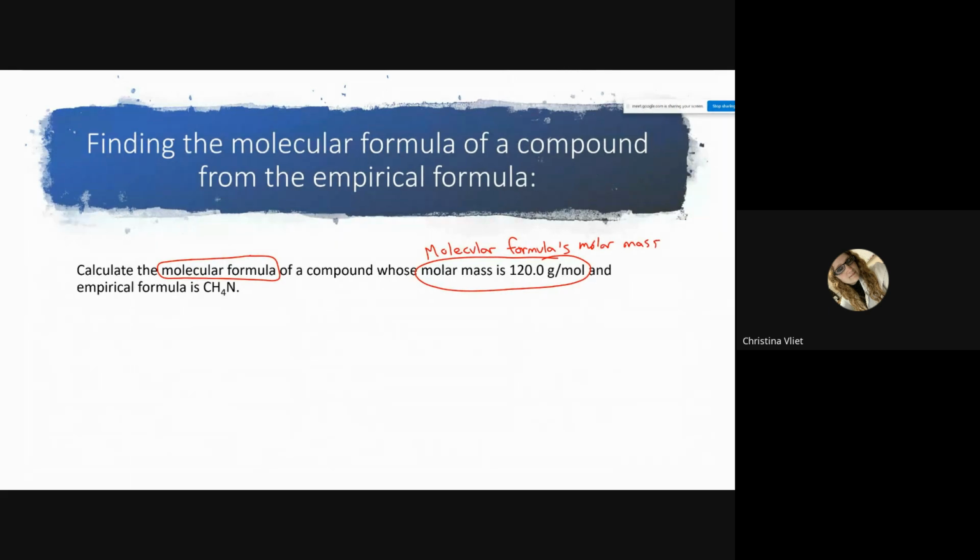And you're given another piece of information, which has to be given to you to solve: the empirical formula. So how could I figure out from the molar mass of the molecular formula and the empirical formula what is the actual molecular formula?